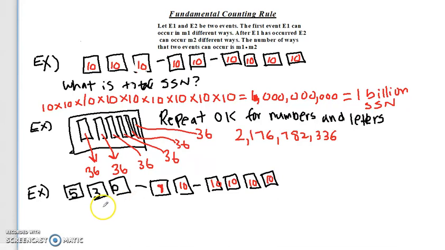By the fundamental counting principle, you multiply this all. So what you have here is 8, and then zeros. Oh, sorry, I'm missing a box over here in the middle. So that one's going to be another 10.